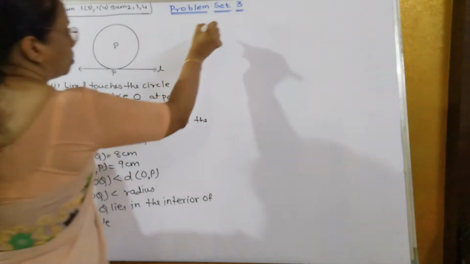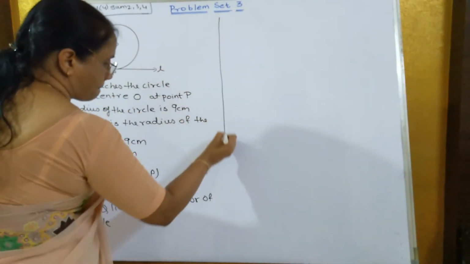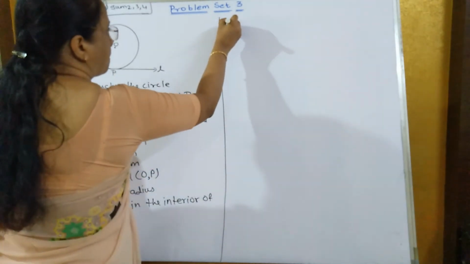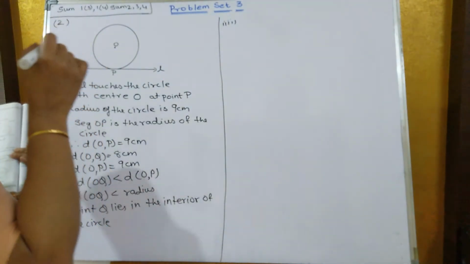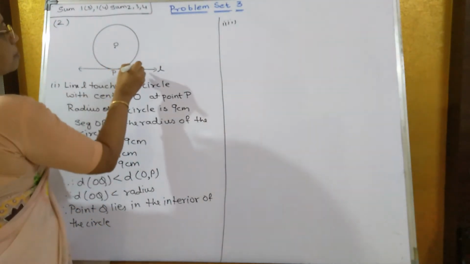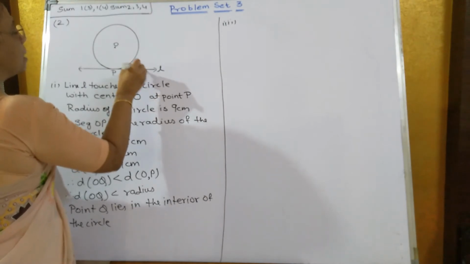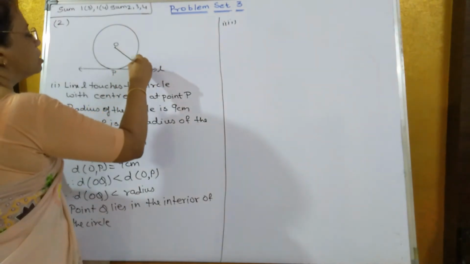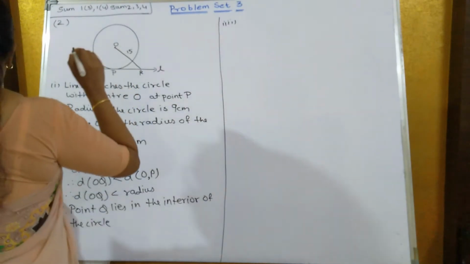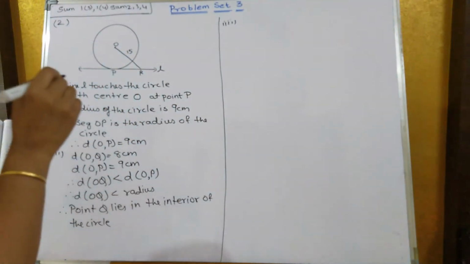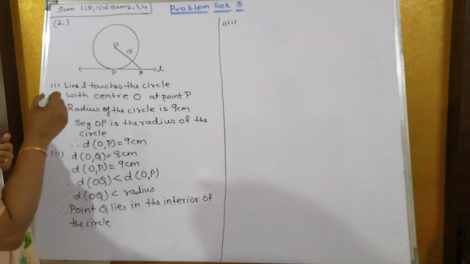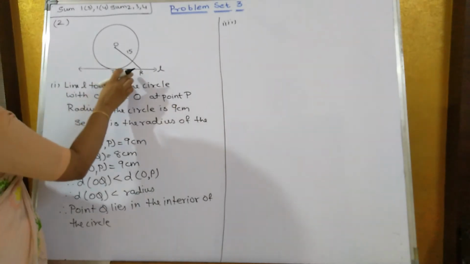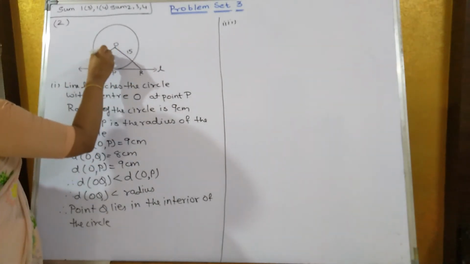Now the third one: if distance OR is equal to 15 centimeter, supposing R is over here and this distance is 15 centimeter, how many locations of point R lie on line L? The point R can also be on this side, that is, on both sides it can be 15.